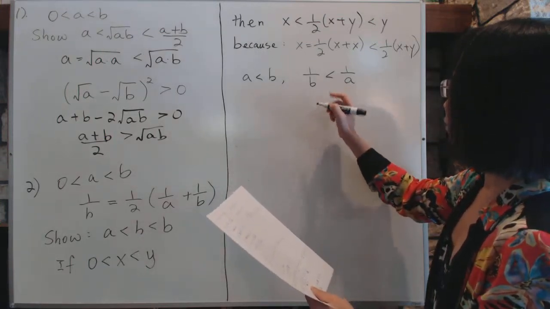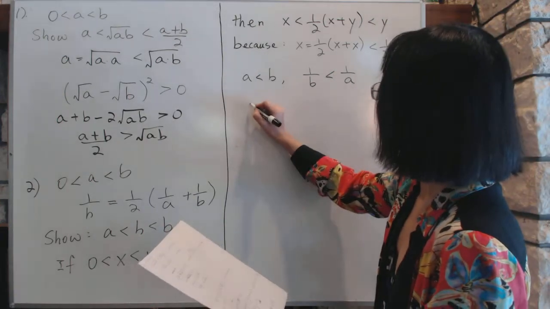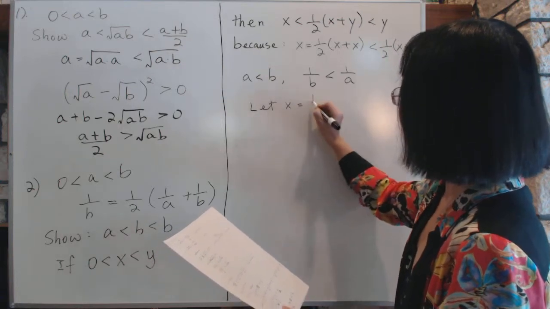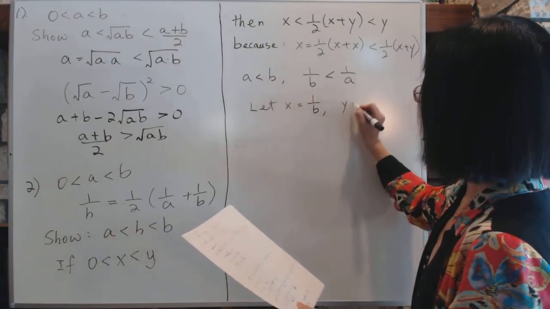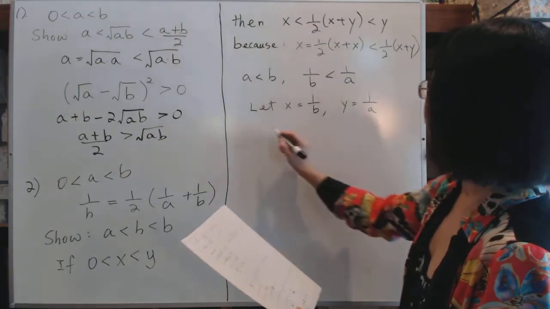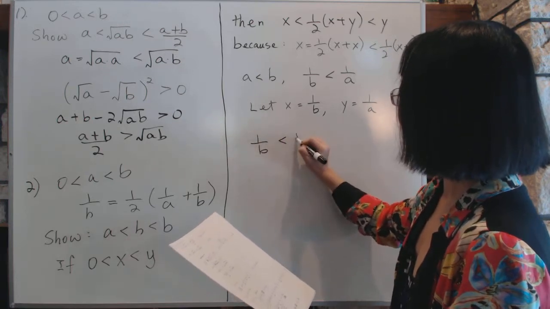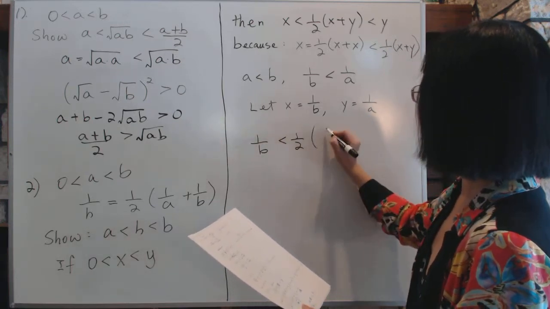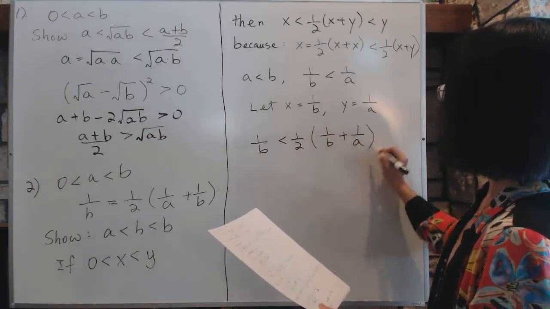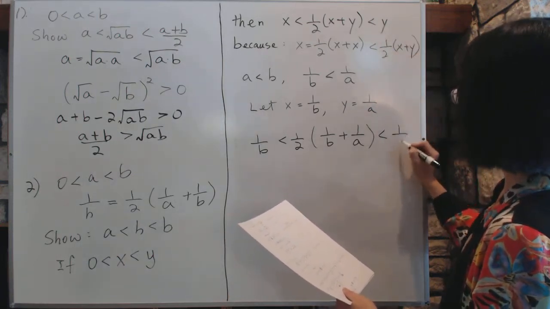So then if we let X equal to 1 over B, Y equal to 1 over A, and plug this into here, then we get 1 over B less than 1/2 of (1 over B plus 1 over A), which is less than 1 over A.